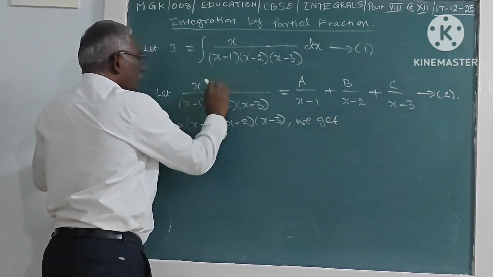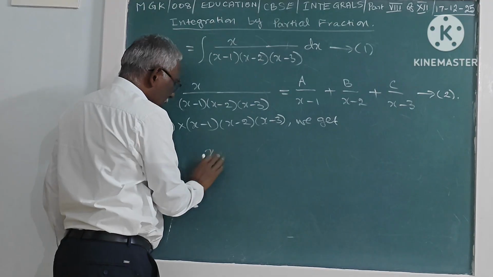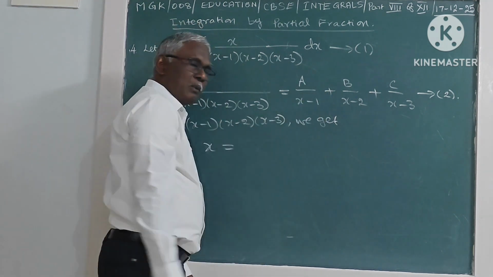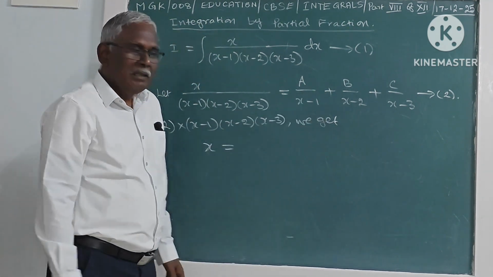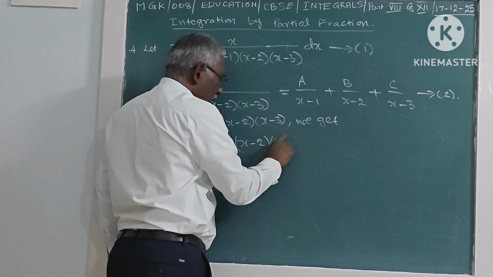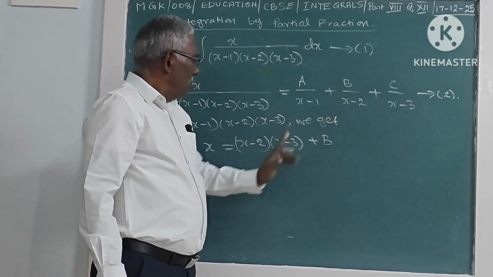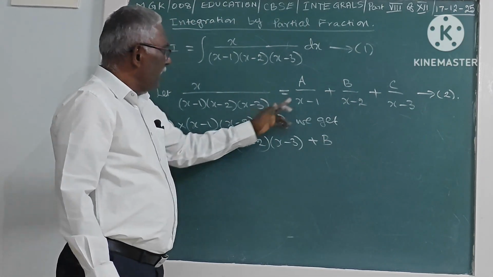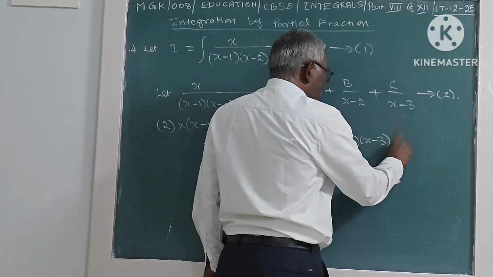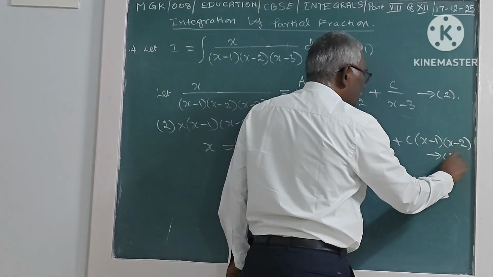If you multiply, on the left we will get x. So x is equal to A into (x minus 2) into (x minus 3), since x minus 1 gets cancelled, plus B into (x minus 1) into (x minus 3), since x minus 2 gets cancelled, plus C into (x minus 1) into (x minus 2). We call this equation 3.